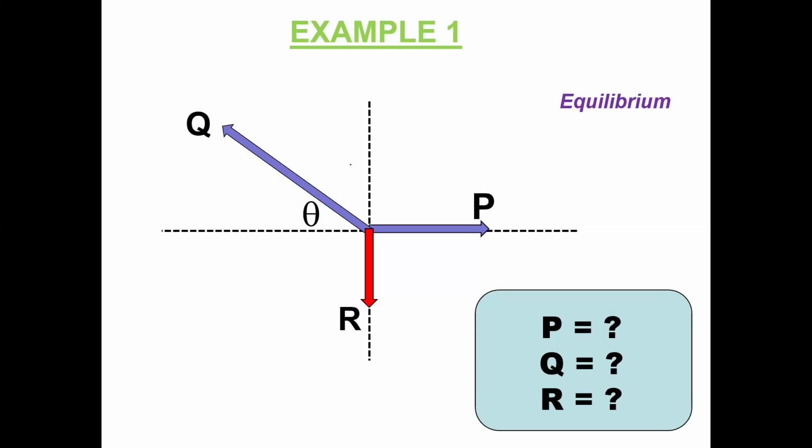Can you tell me what is the inclined vector in this question? Which vector is inclined? PQR. Which vector is tilted? Which vector has an angle? Q. Good. Now, can you resolve this vector with me?